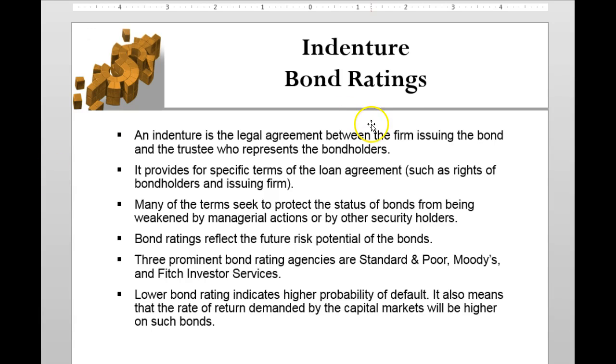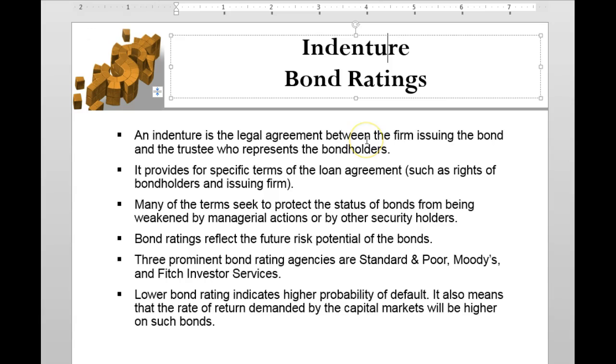And now you have indenture versus bond ratings. An indenture is a legal agreement between the firm issuing the bond and the trustee who represents the bondholders. And in that indenture, you're going to find all this information. So you really do want to make sure you read that writing.